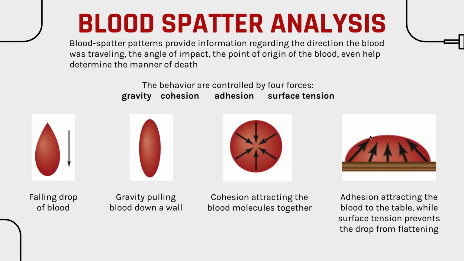Cohesion keeps all of the molecules together, so they don't want to separate, they don't want to flatten out. Adhesion keeps all of the molecules stuck to the table. If you can imagine, all of these molecules are trying to stay together and stay to the table. That's going to give them a good surface tension, which means it's going to prevent the blood droplet from completely flattening and spreading out. Instead, it's going to stay as much of a ball or as close to a circle as it can.